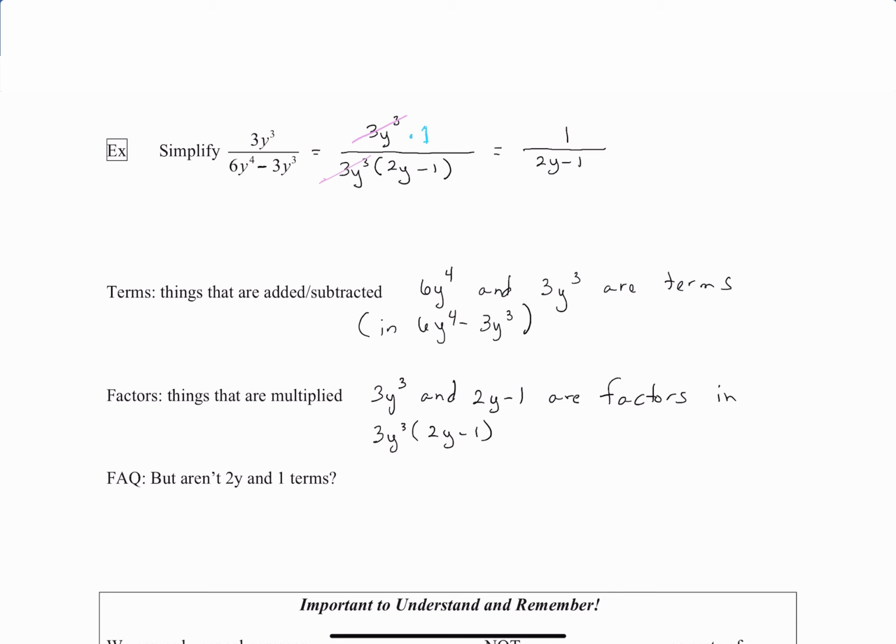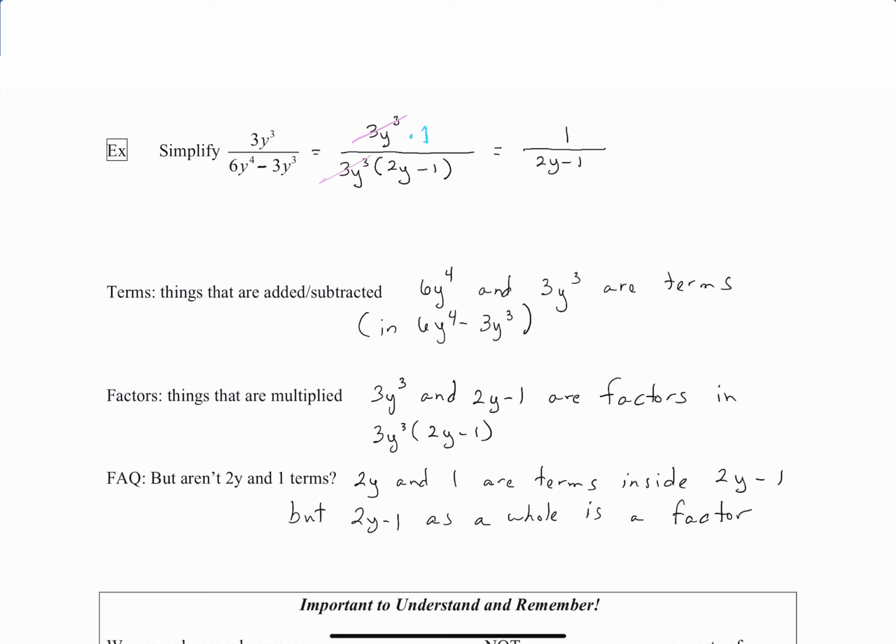Well, yes, they are, because they're being subtracted, but they're terms inside that factor, whereas 2y minus 1 as a whole is a factor.